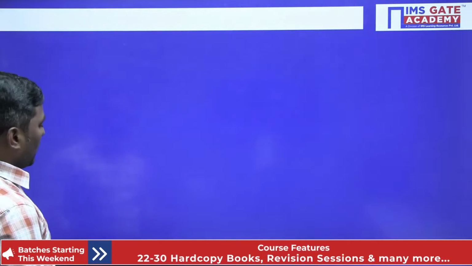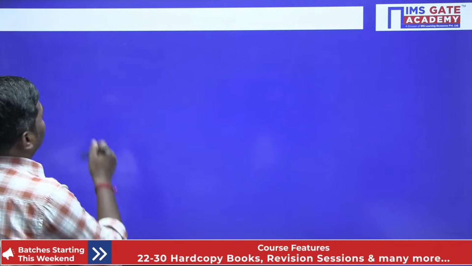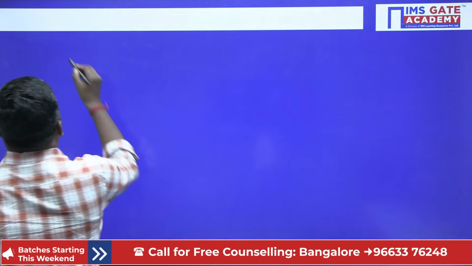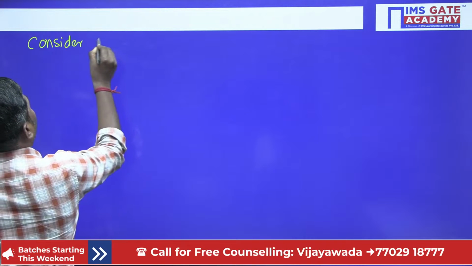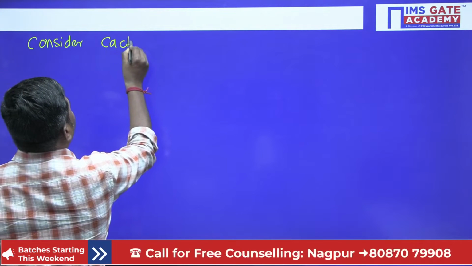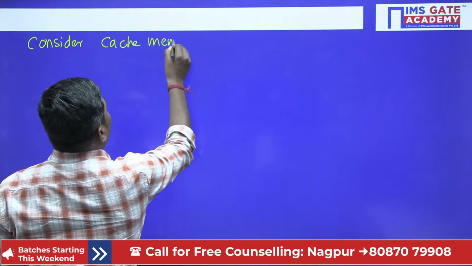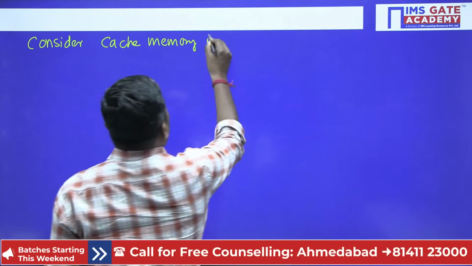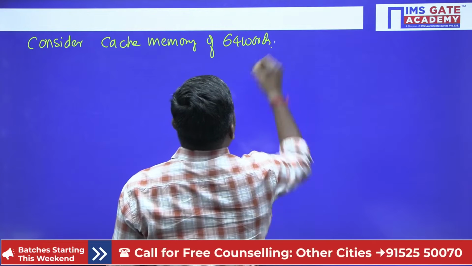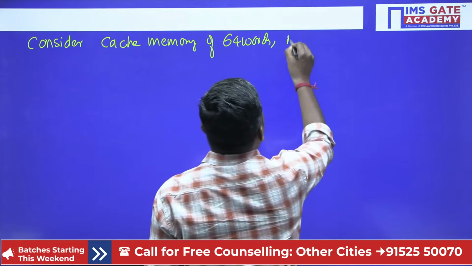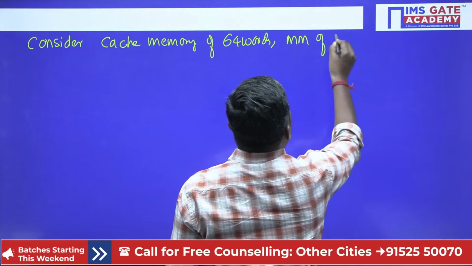Okay, look, all of you. Let's understand this concept by using an example. Consider a cache memory of 64 words, a main memory of 512 words.